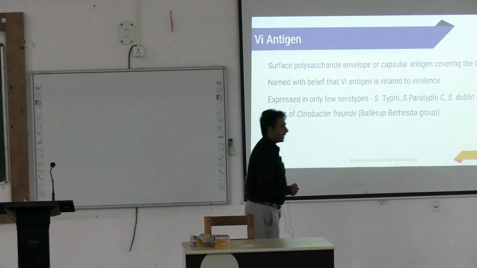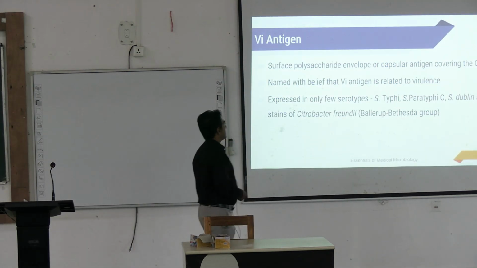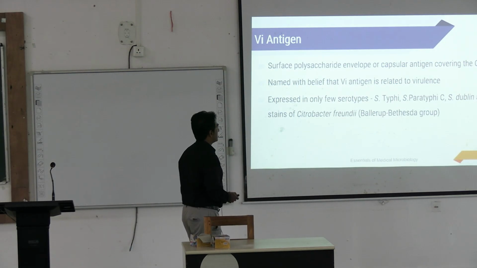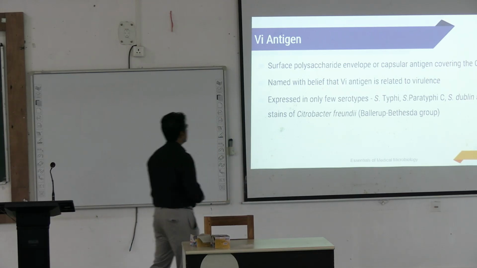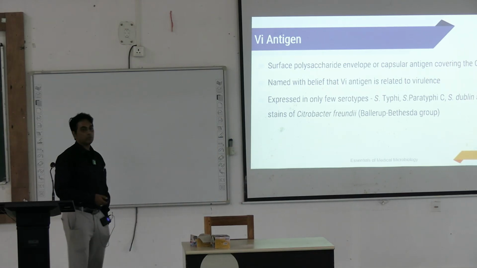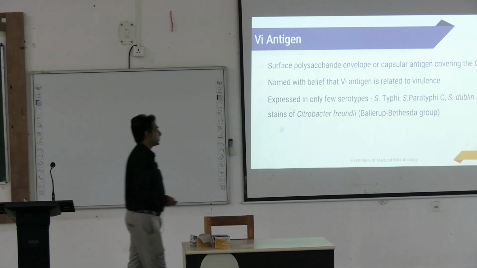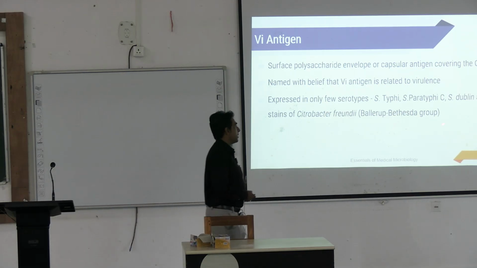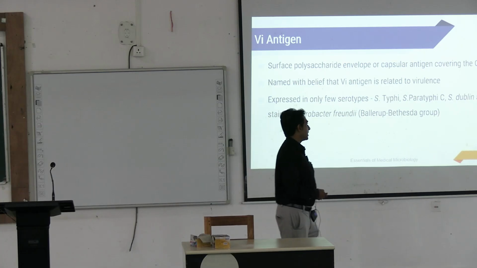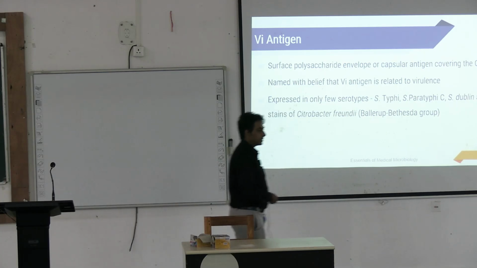Now, coming to the Vi antigen, this is the surface polysaccharide envelope or capsular antigen covering the O antigen. It was named with the belief that Vi is related to virulence. It is expressed only in very few serotypes like Salmonella typhi, paratyphi C, Salmonella dublin and some strains of Citrobacter freundii.